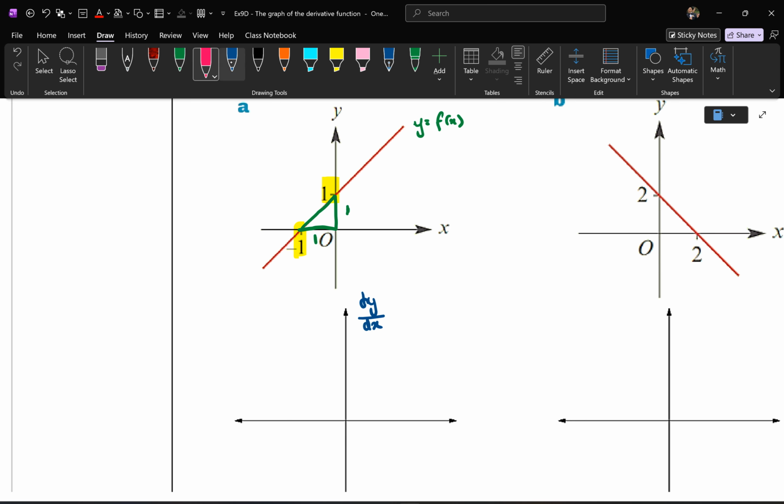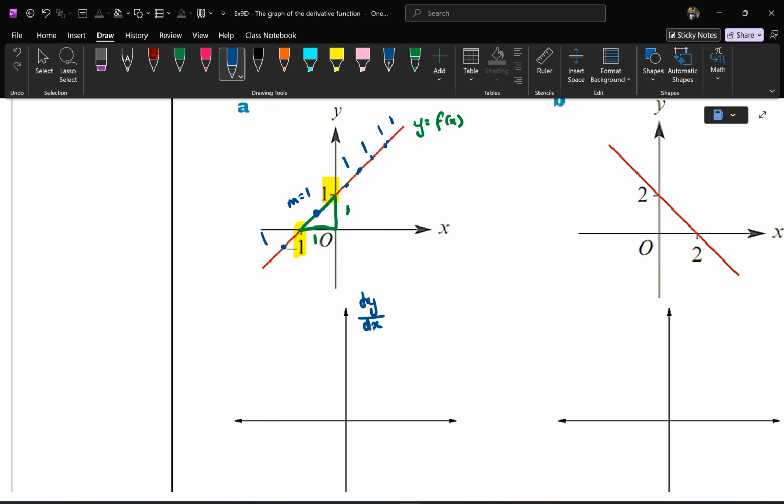Therefore, your gradient at this point should be 1 over 1, which is 1. What's convenient about this is that the gradient for a straight line is consistent throughout. It's the same gradient all the way through. So you can say that at any point on this line, it should be 1, 1, 1, 1, and it's all positive 1. It's a positive gradient.